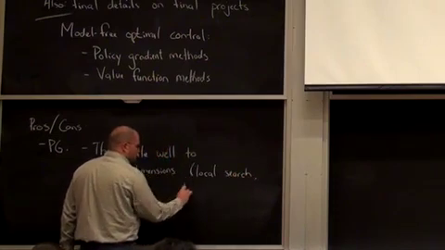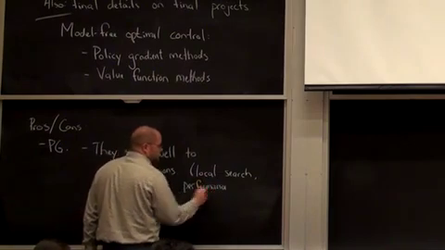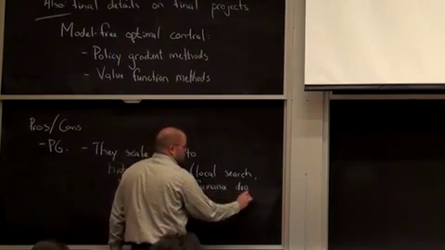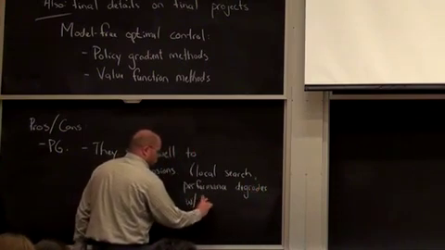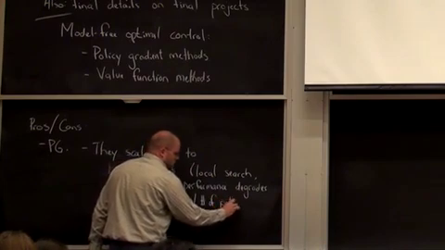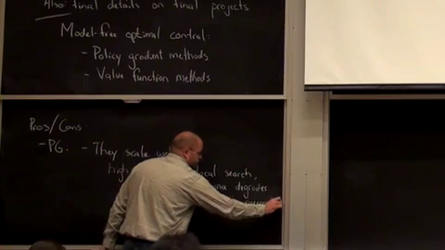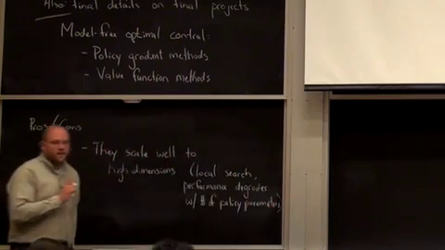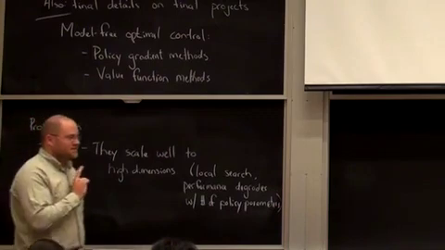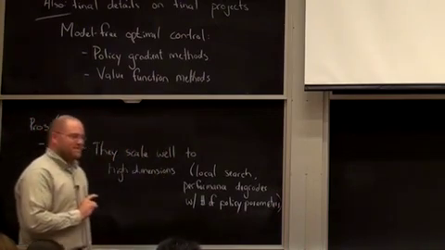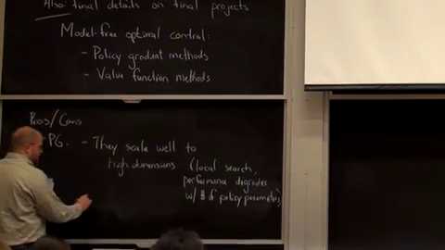And the performance of the model-free methods degrades with the number of policy parameters. But if you have an infinite dimensional system with one parameter you want to optimize, then you're in pretty good shape with a policy gradient method, right?